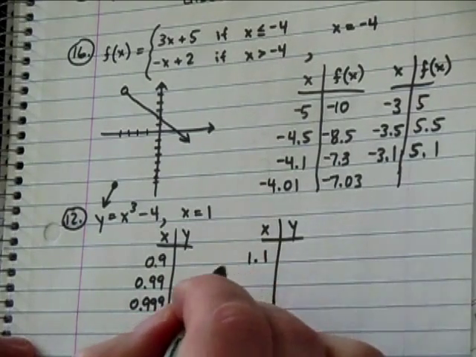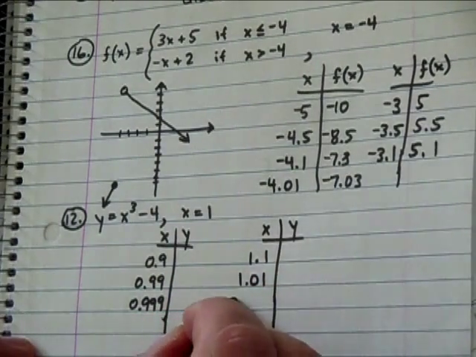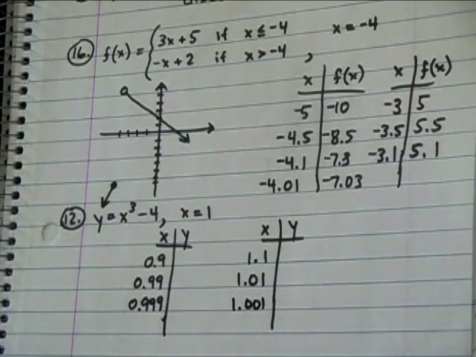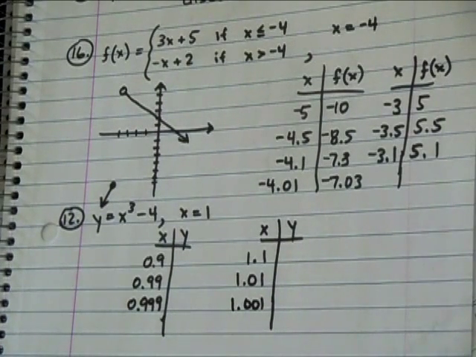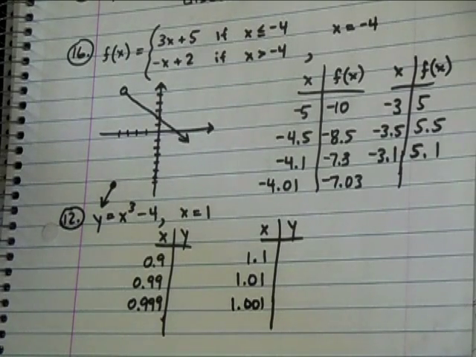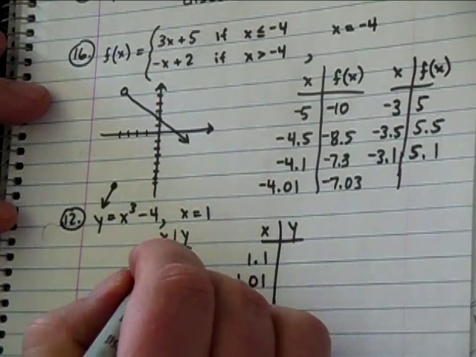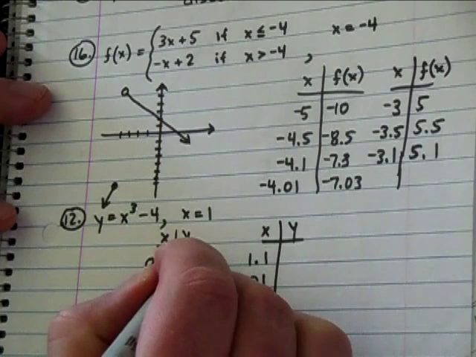So for example, 1.1, 1.01, and 1.001. All right, in this case, if you were to take 0.9 and raise it to the third power, what would you get? Well, you would get 0.729, and then subtract 4 from that result, and you get negative 3.271.